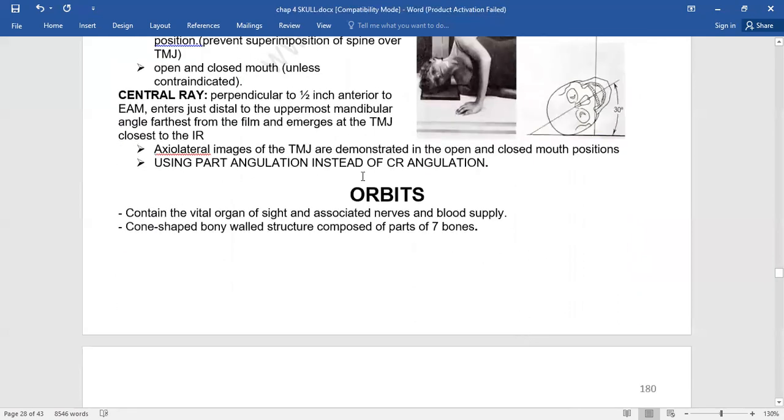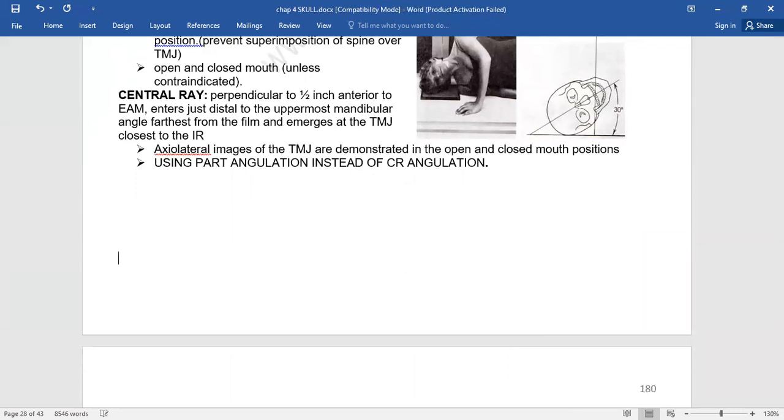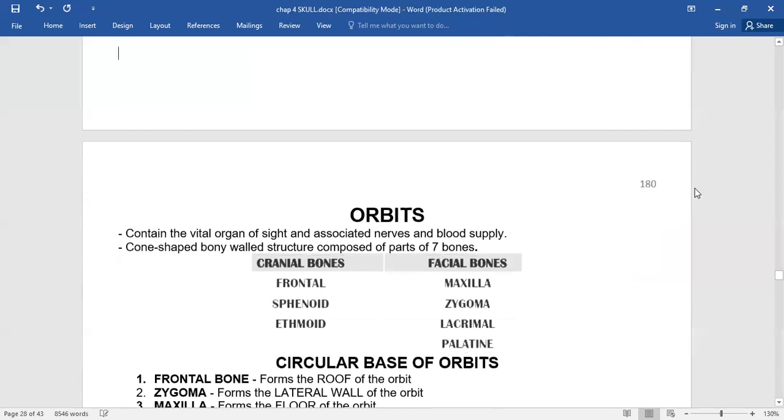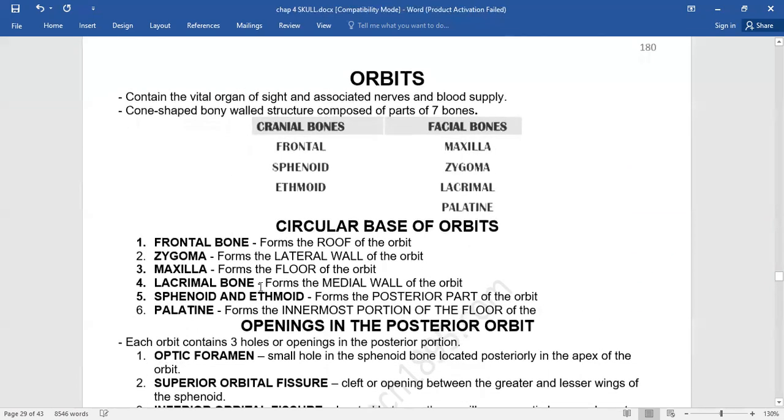So for the orbit, contains the vital organ of sight and associated nerves and blood supply. So ito yung sa cranial bone. So the circular base of orbit, so we have there the frontal bone, forms the roof of the orbit. Ang zygoma naman, lateral wall of the orbit.